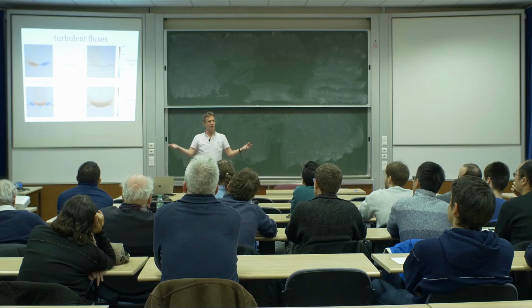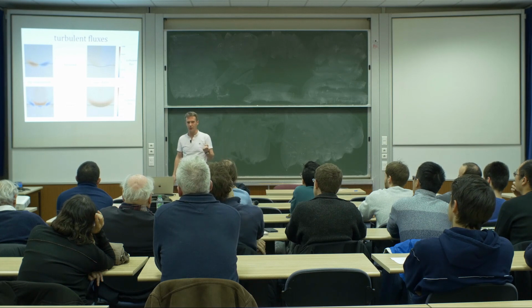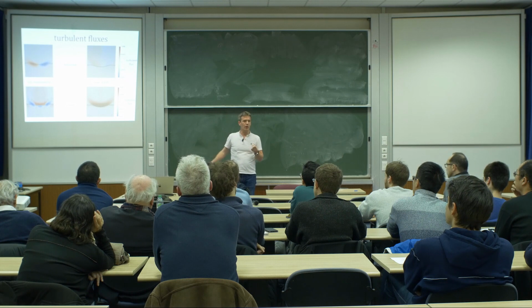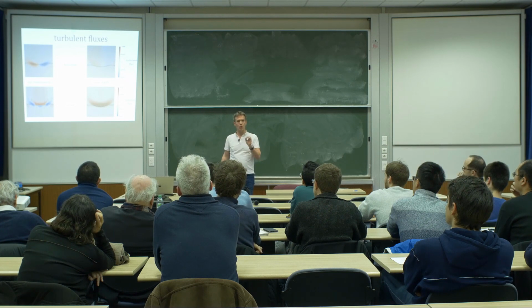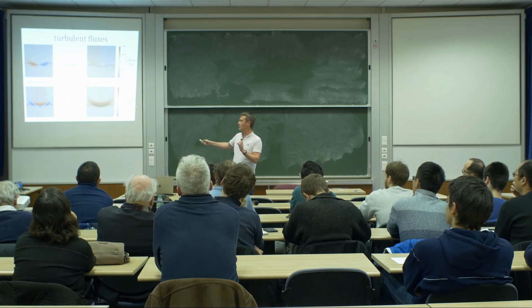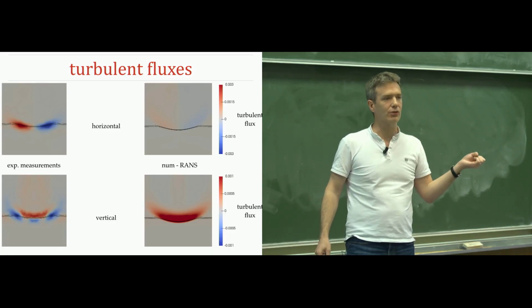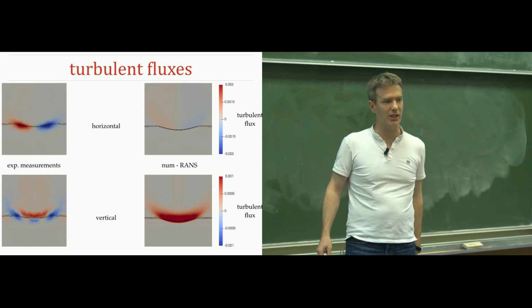That's just the opposite of what a turbulent viscosity, a turbulent diffusivity, would tell you. So that explains why all the numerical predictions were wrong. They overestimate the vertical turbulent flux, because they do not take into account the right physics at the beginning.